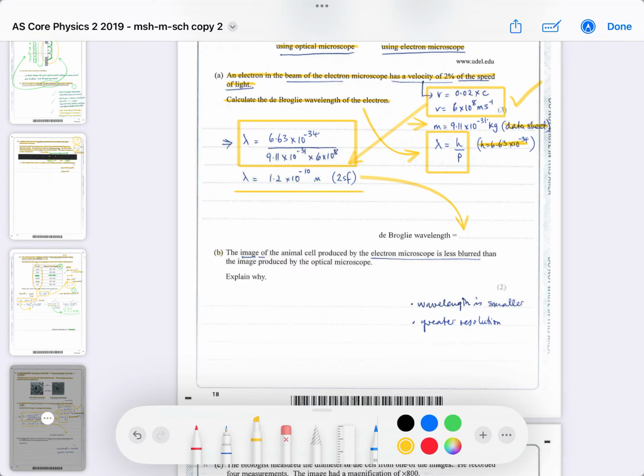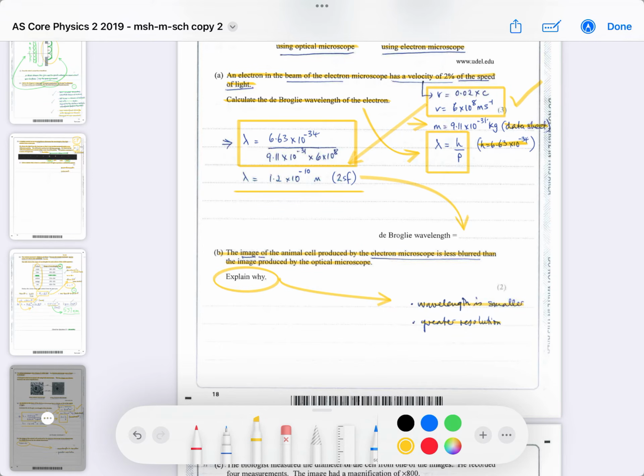All right, the image, it says, of the animal cell produced by the electron microscope is less blurred than the image produced by the optical microscope. Explain why. So these are the points I've put. The wavelength is smaller and therefore has a greater resolution.